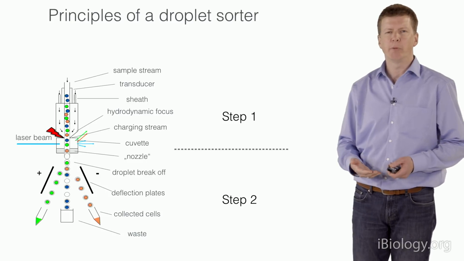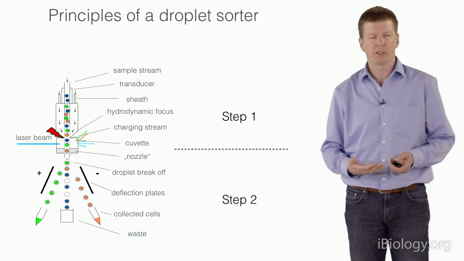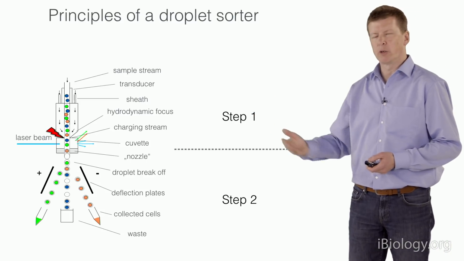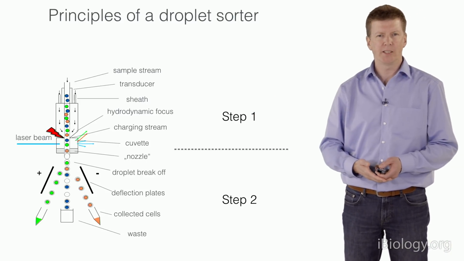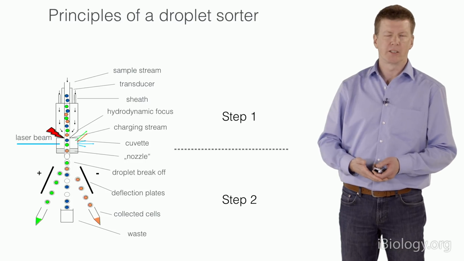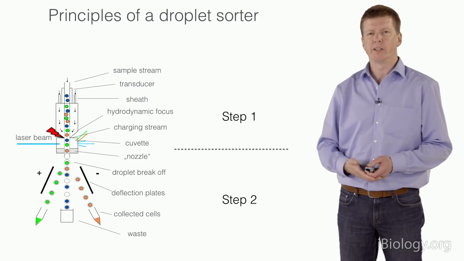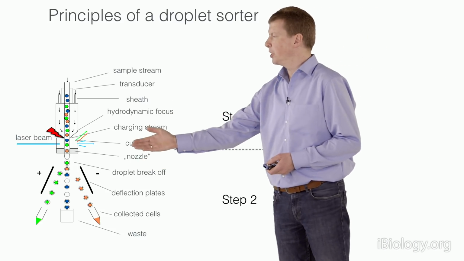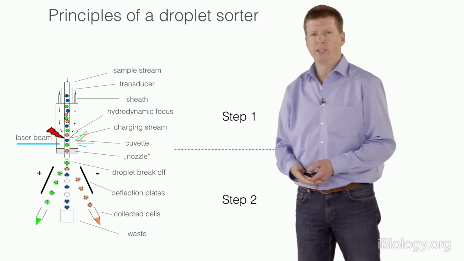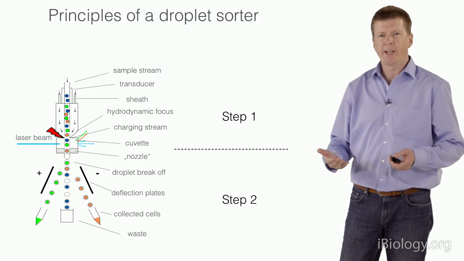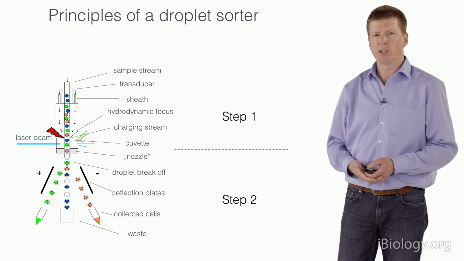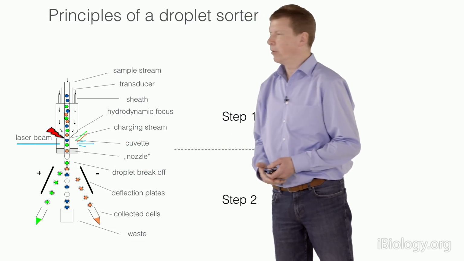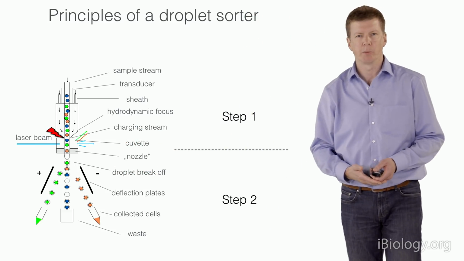So cell sorting can be thought of as a two-step process in principle. In the first step, we are doing our conventional flow cytometric analysis, as is discussed in detail in different sessions. But then we start injecting our stream into the air, break the stream into small droplets, and then on the way down are able to separate these droplets into different positions.